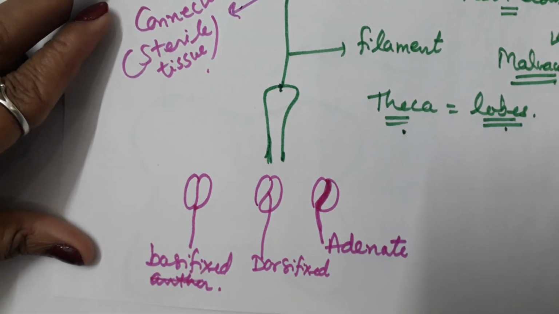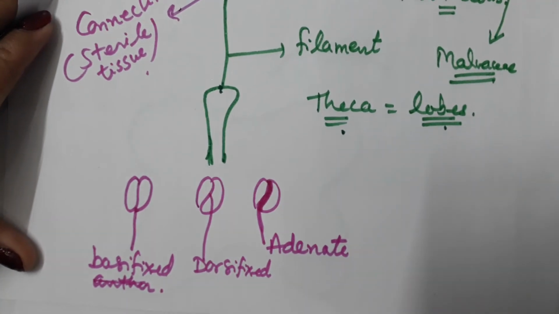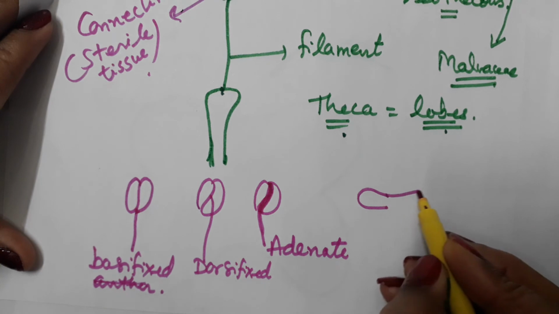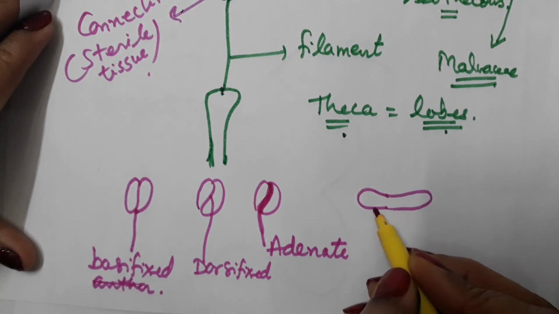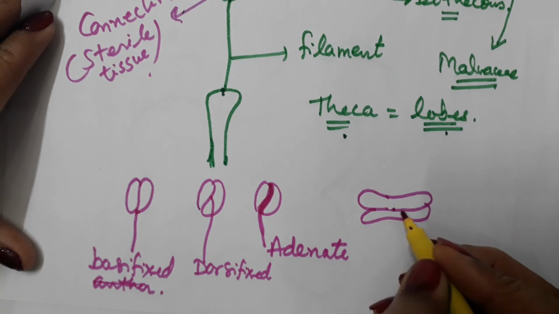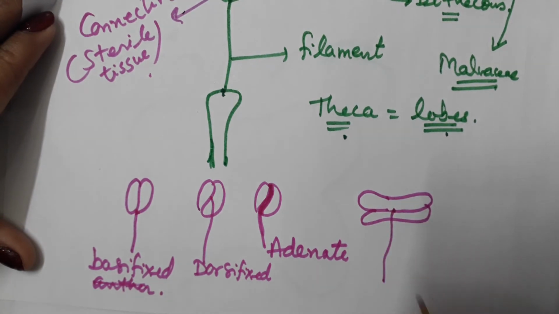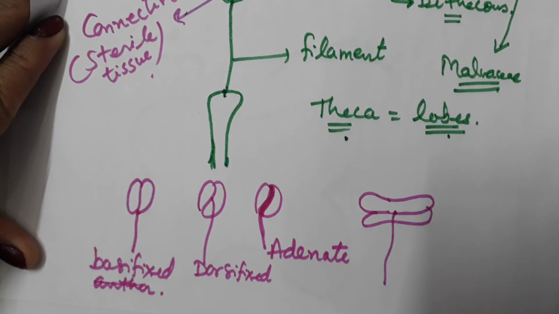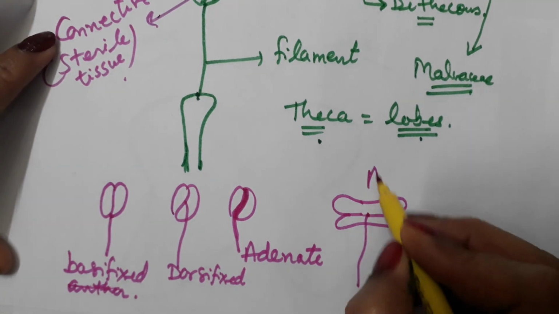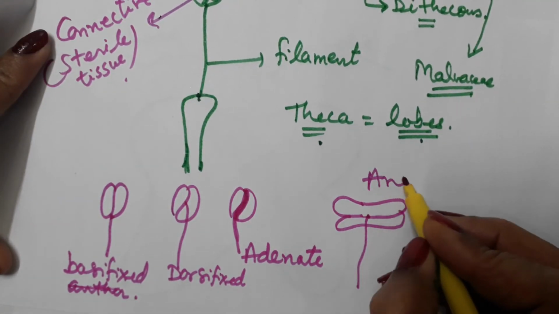The fourth type is one in which anther lobes freely hang into the air and the filament is attached from the middle of the anther lobes, allowing the anther lobes to swing freely into the air. This condition is found in the anemophilous flower.